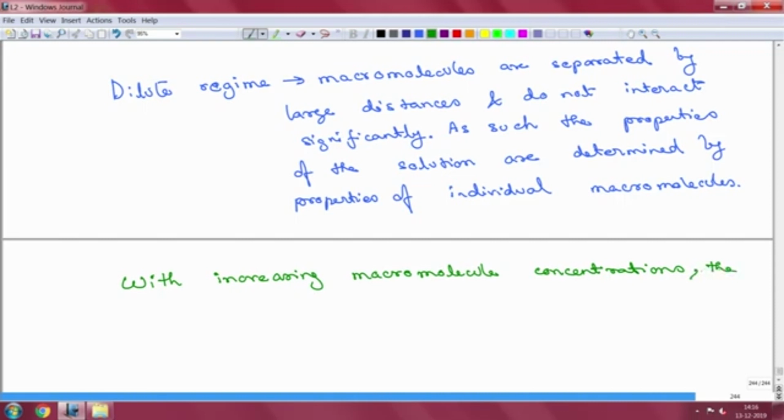The polymer chains, or actually the better word is coils, okay, because they exist in a coiled state, the polymer coils start to overlap and interact. And it becomes much harder to discern the contribution of the individual macromolecules.